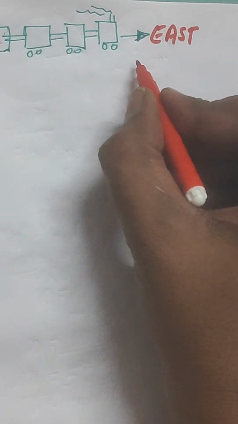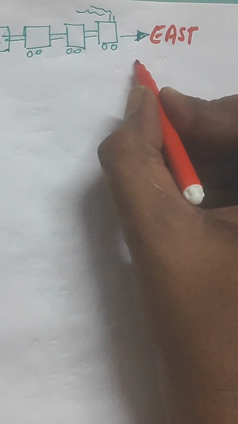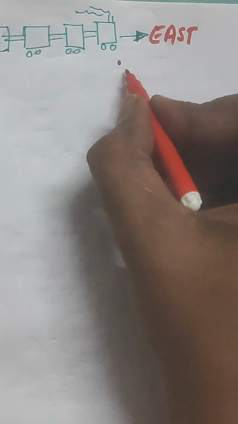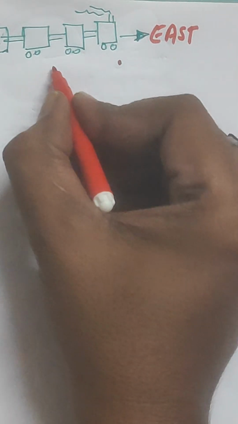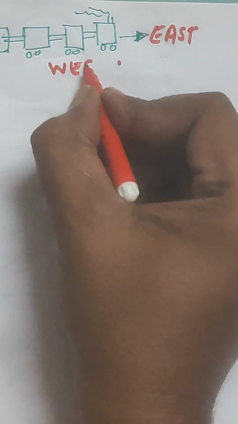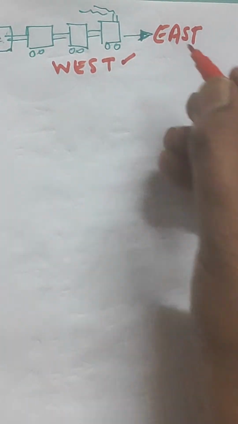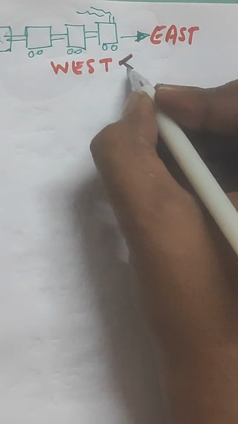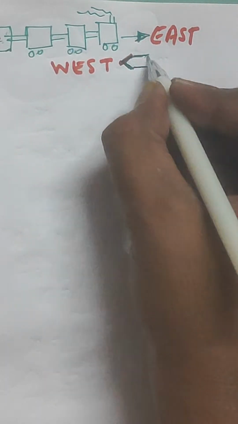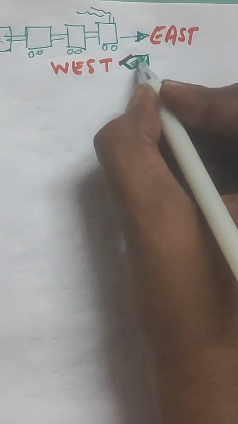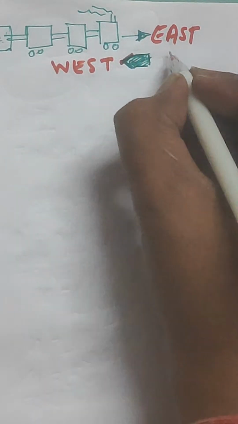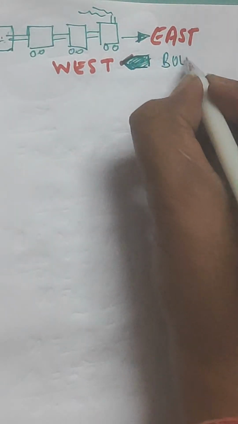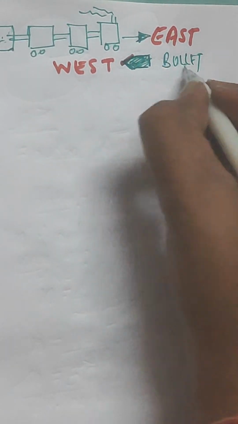per second. So let us say the bullet is fired from a point towards west. This is west, and the bullet is fired from here. This is nothing but your bullet, right?